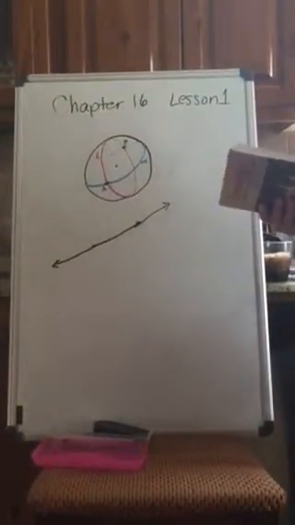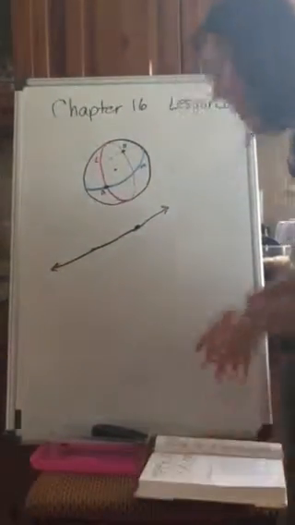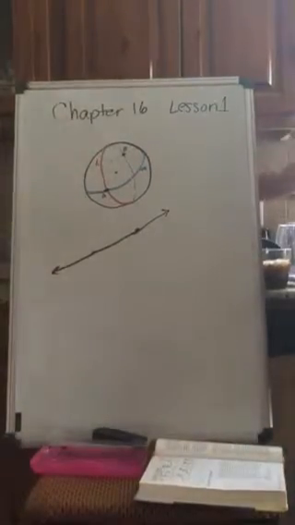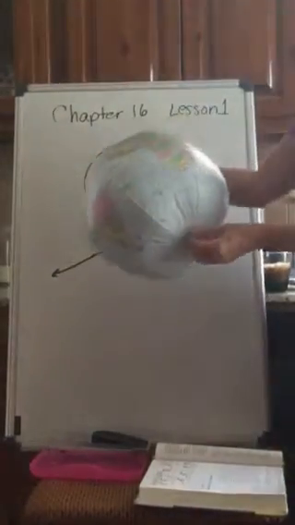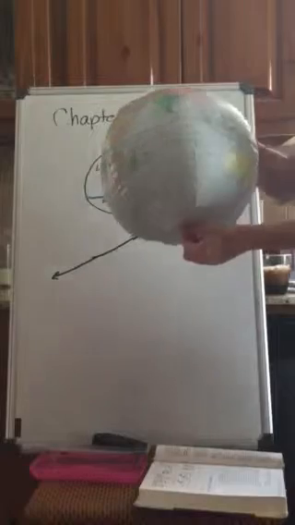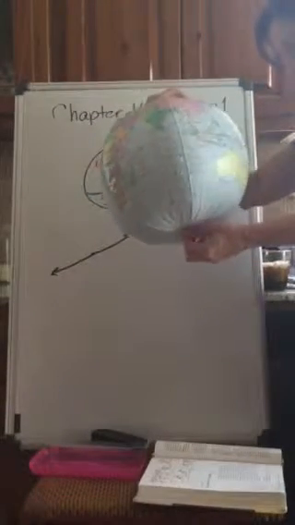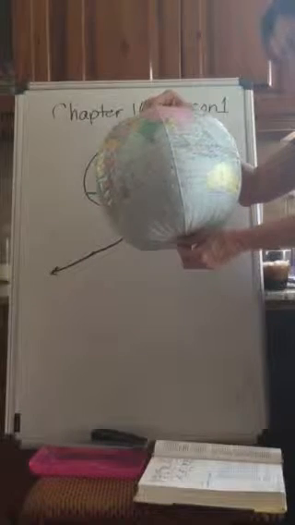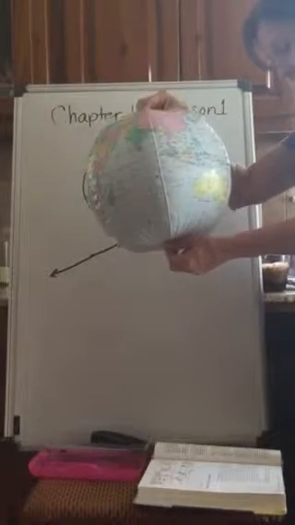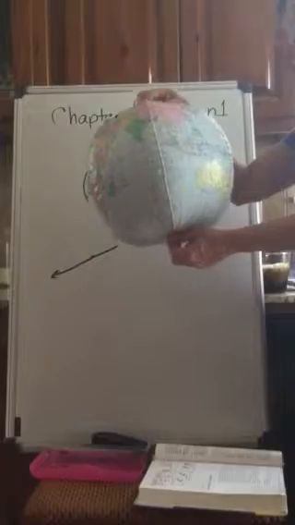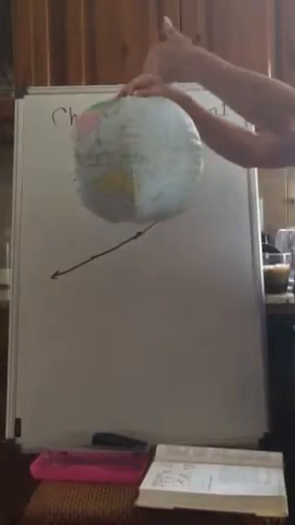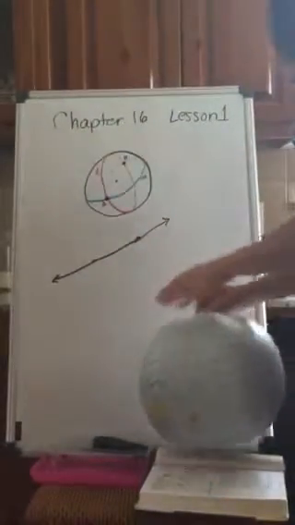All right. Now, the poles help us to think about the poles of our Earth. We have a north and a south pole, and these are examples of antipodal points. Antipodal points are two points on a sphere that have a line through the center.